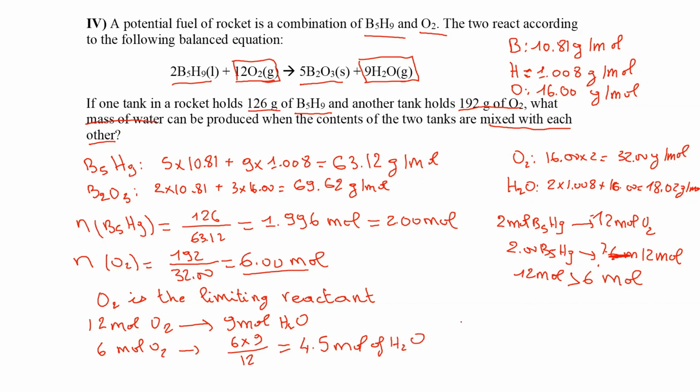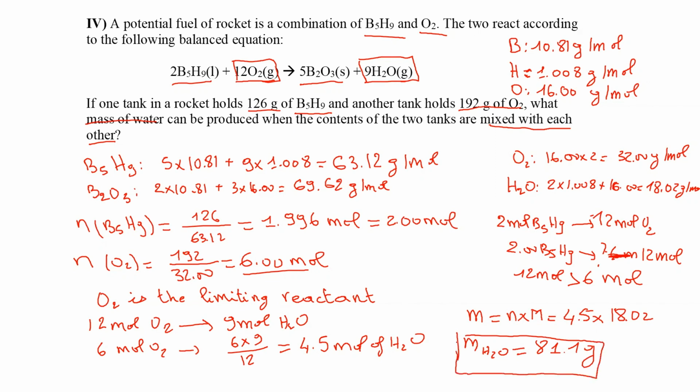Now that I know the number of mole of H2O, I can deduce the mass, which is equal to n times the molar mass. The number of mole we calculated is 4.5, and you multiply it by the molar mass of water, which is 18.02. So the mass of water that is produced is equal to 81.1 gram.